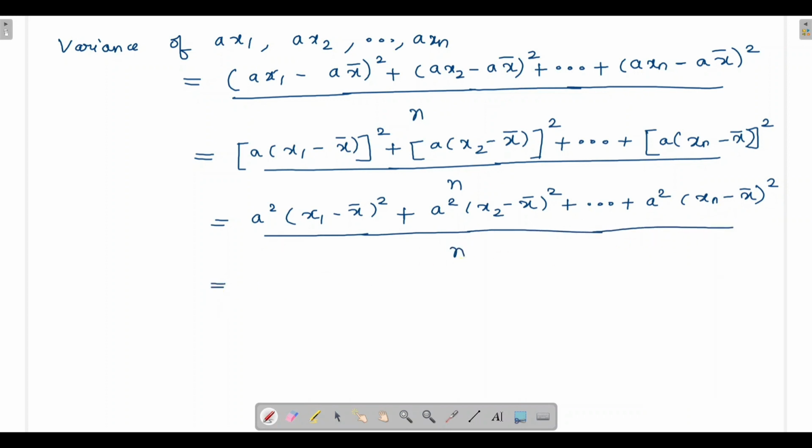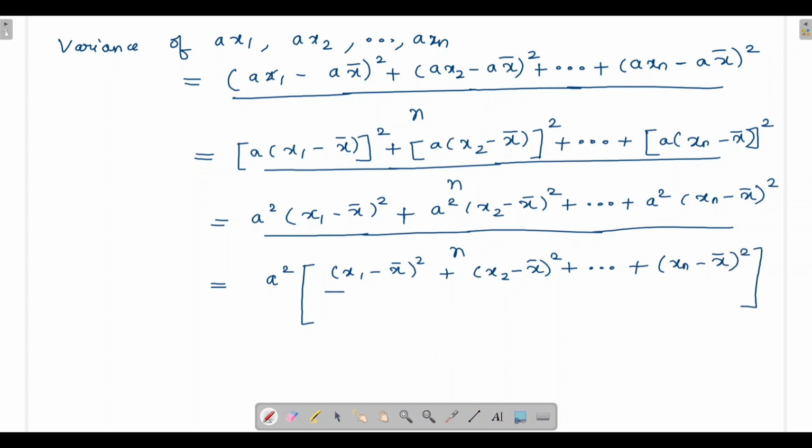Okay, so this is equal to, now we can take a square common from all the terms, so a square into x1 minus x bar the whole square plus x2 minus x bar the whole square and so on up to xn minus x bar the whole square, and then this is divided by n.